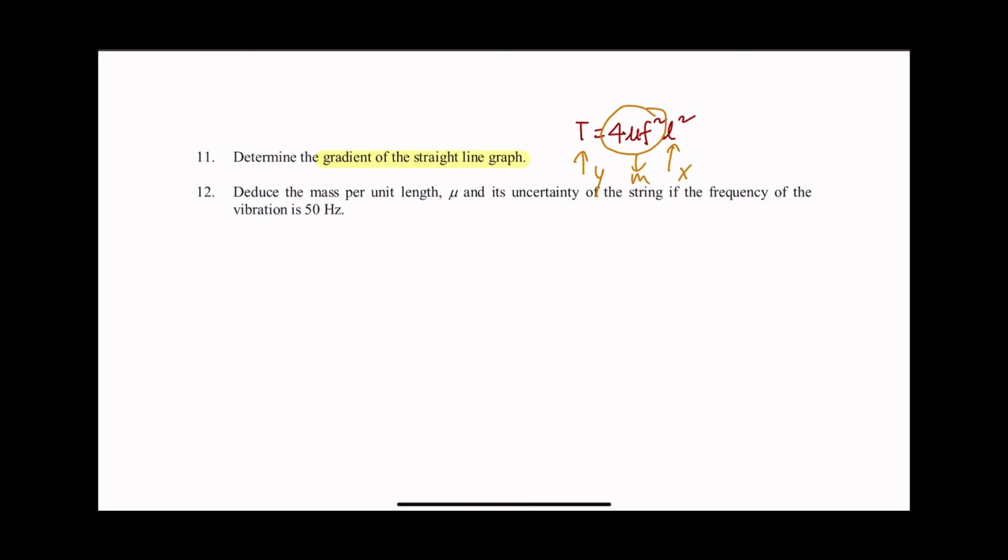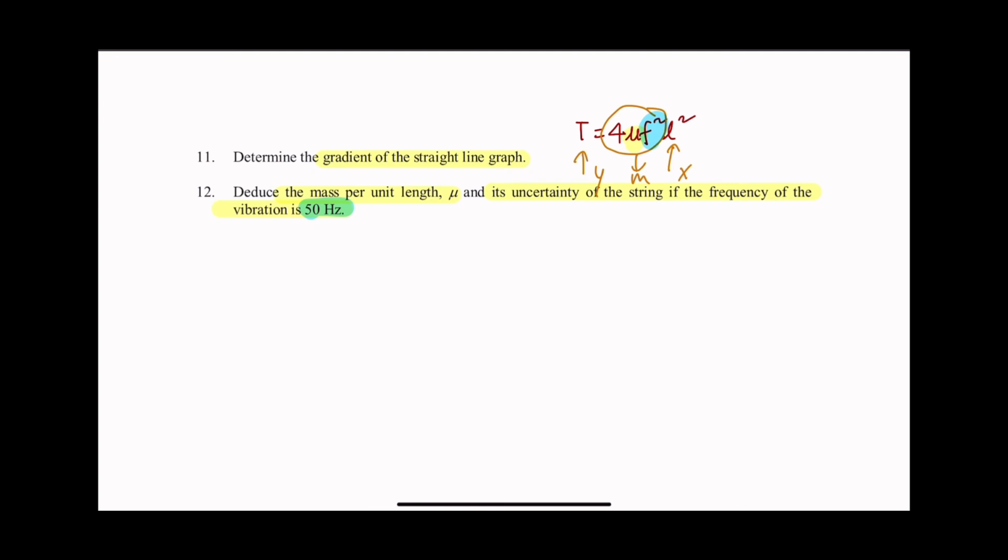Then deduce the mass per unit length, that is mu, which is what it wants you to find, and its uncertainty for the string, if the frequency of the vibration is 50 Hz. So substitute F as 50 Hz, it is already given. Then you will get the value of mu, and you can also find the uncertainty.